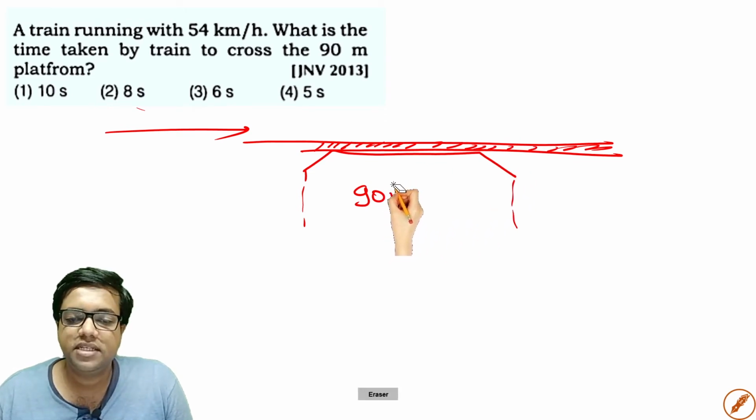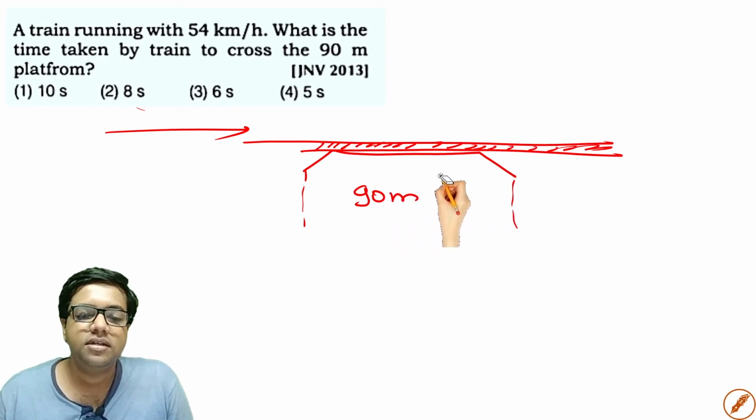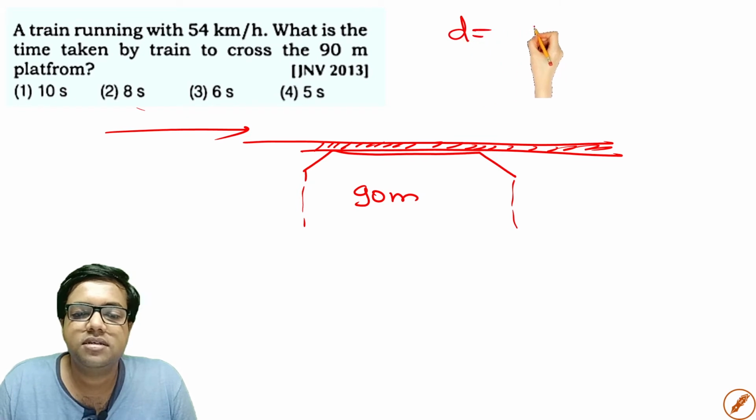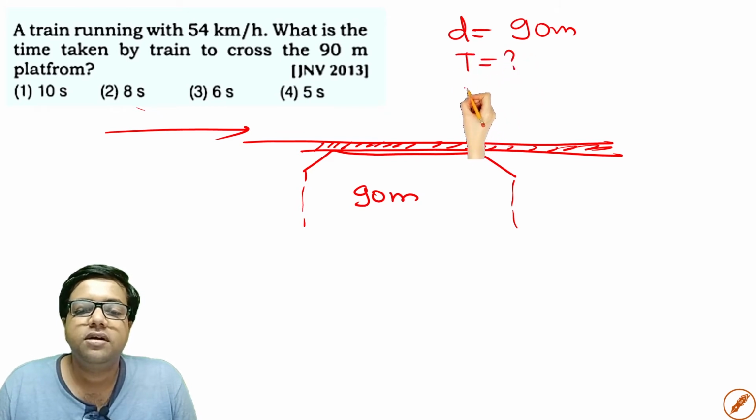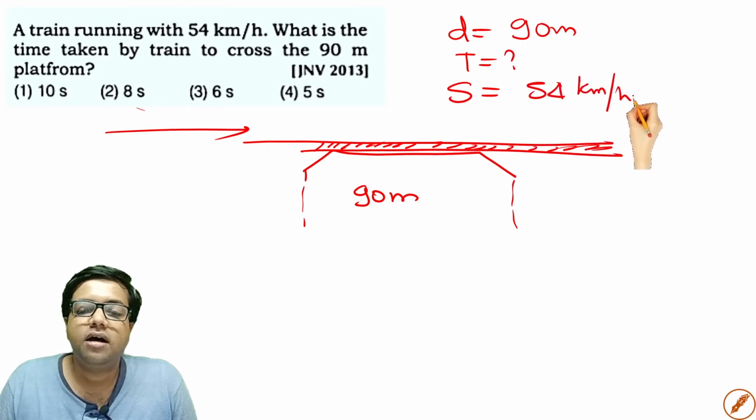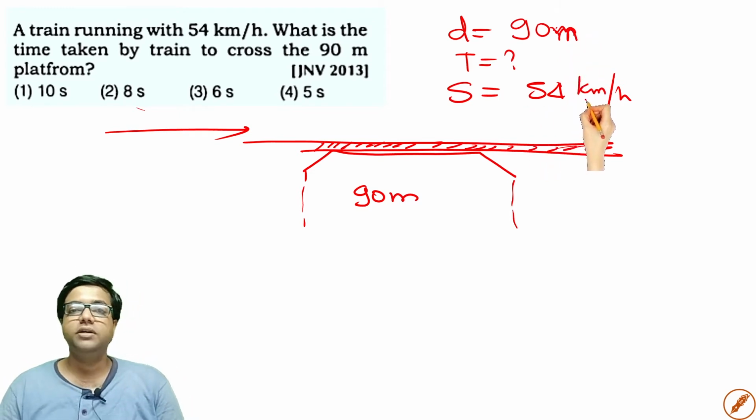Okay. So distance is 90 meters here given. Speed is given to us in kilometer per hour, 54 kilometer per hour. The time taken we need to find out. So see, now here the distance is in meters and the speed is given in kilometers per hour.